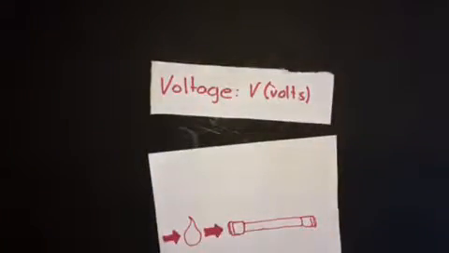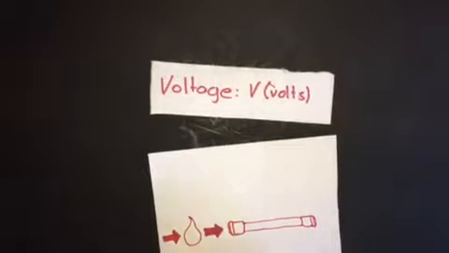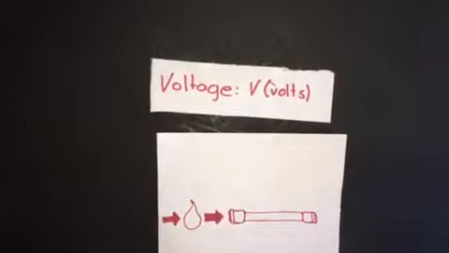Now, to explain voltage a little bit easier, I'm going to make an analogy to water flowing through a pipe. We can think about voltage as the pressure that pushes the electricity through a cable. Here the cable is the pipe, and the water is the electricity.